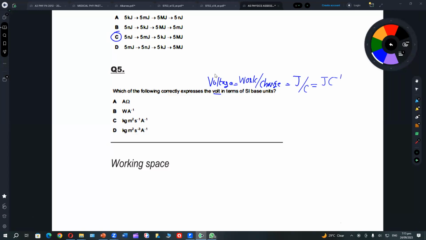And joule is Newton meter. Coulomb is ampere into second. Newton is kg m s minus 2 into meter into A minus 1 s minus 1.